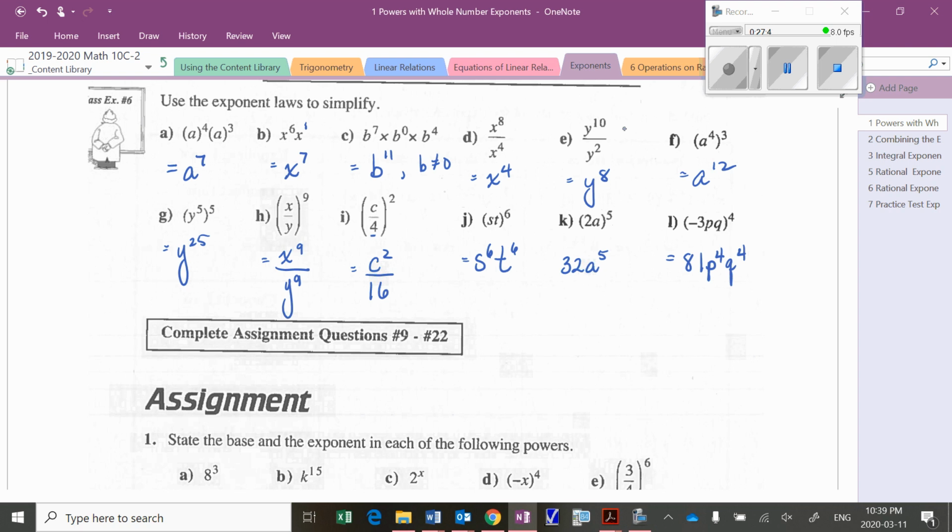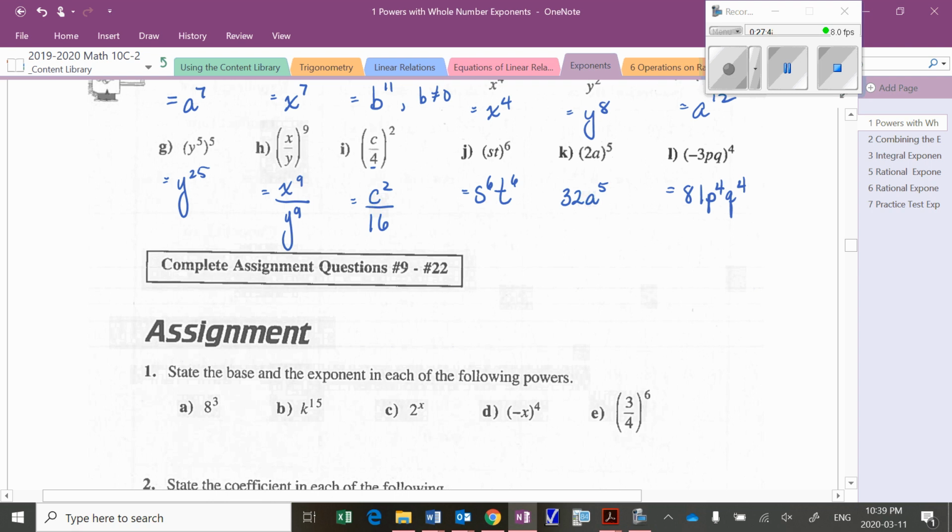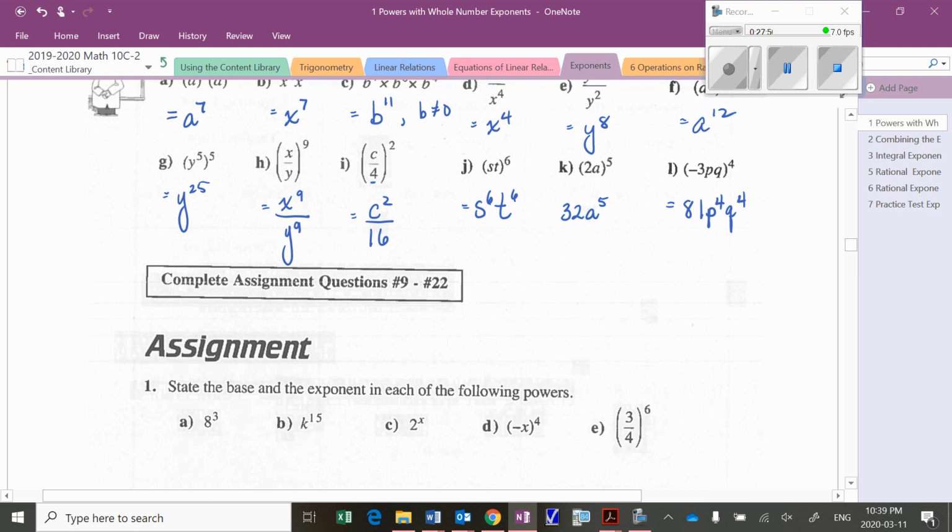For F, A to the 12th, G, y to the 25th, H, x to the 9th over y to the 9th, I, and we're talking about c squared over 4 squared, which is also known as c squared over 16, and s times t, all to the 6, so the whole base is st, and that's being multiplied by itself 6 times, so we'll end up with 6 s's, so s to the 6th, and t to the 6th.